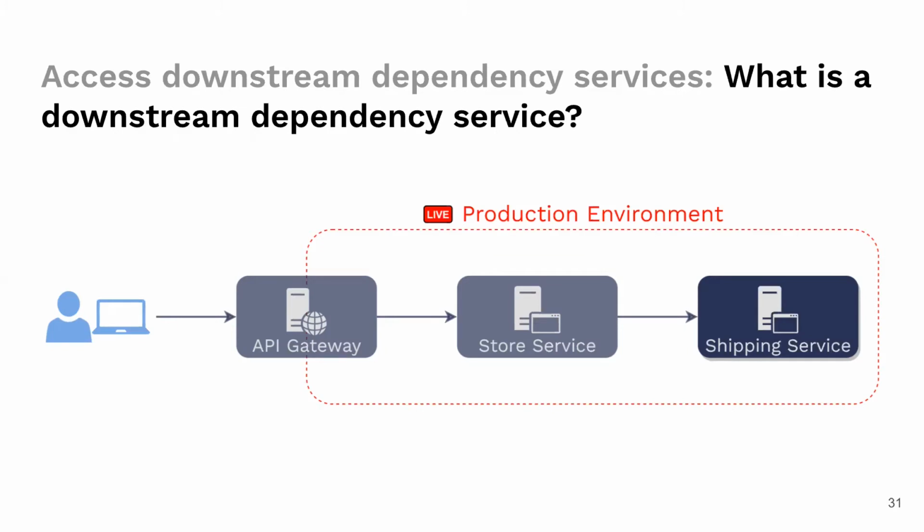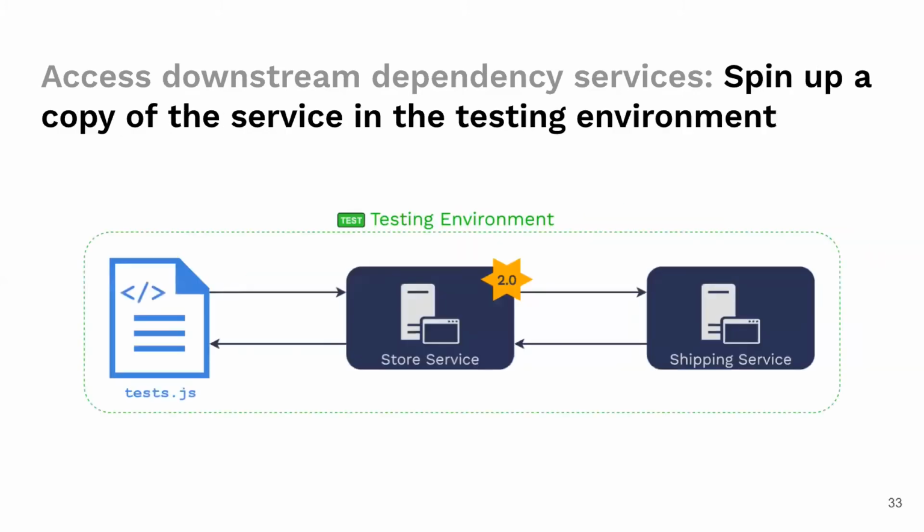And the way to address this challenge depends on whether or not the downstream dependency is internal or external to the application. If the dependency is internal to the application, as is the case with Aaron's e-commerce store, then the dependency could be spun up in the same environment as the service under test. To accomplish this, Aaron would need to coordinate with the team responsible for that shipping service in order to gain access to the most up-to-date version, and then get it up and running in their testing environment.